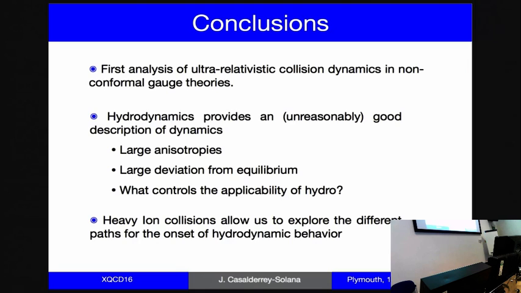Wait for the microphone. So what I understood is that the way you break conformality is by putting in an explicit breaking, a sort of mass term. Yes. Well, we know that, for example, in pure gauge theory, the breaking of conformality just comes from the conformal anomaly. So is there a way to do things more similar to what happens in SU(3) gauge theory?